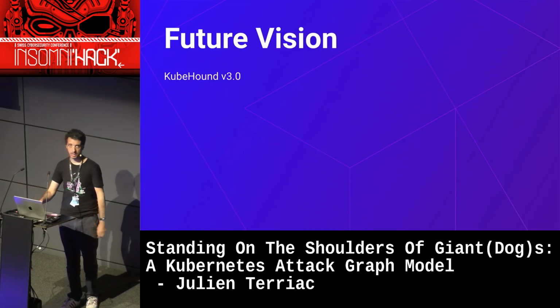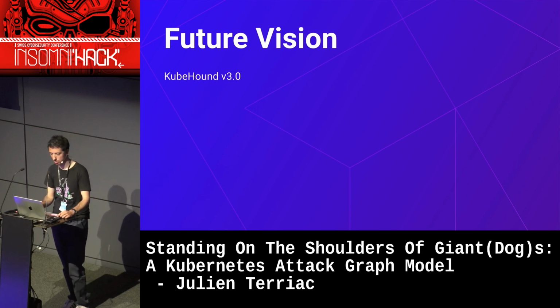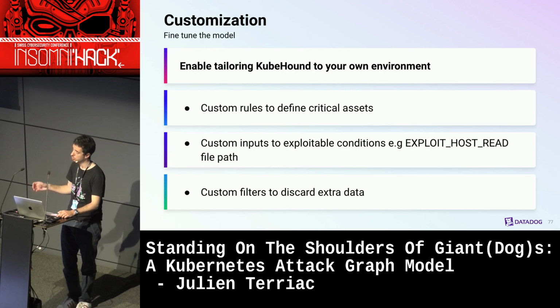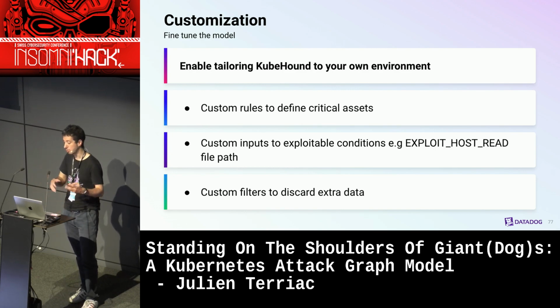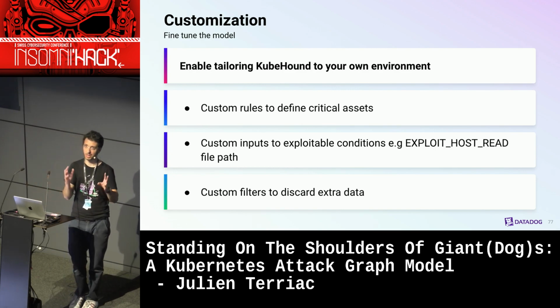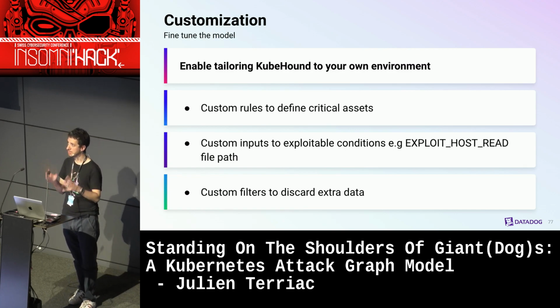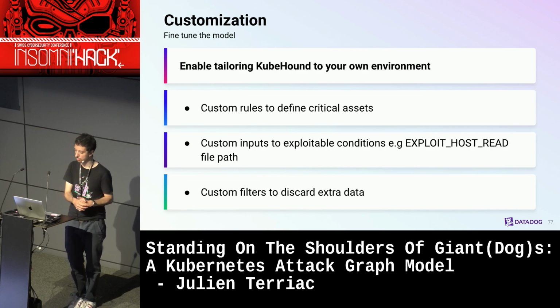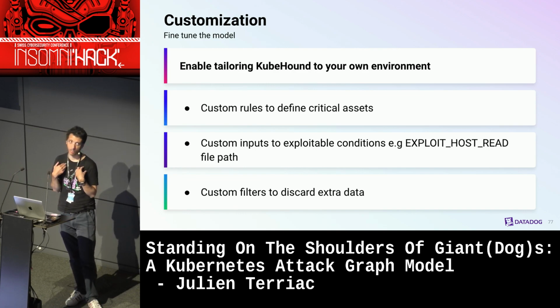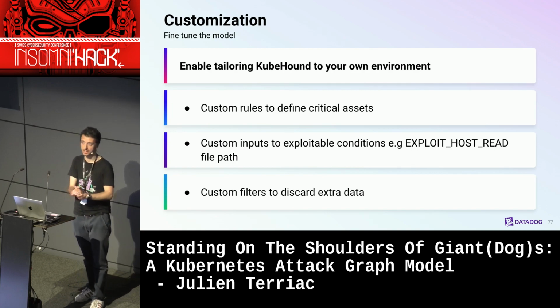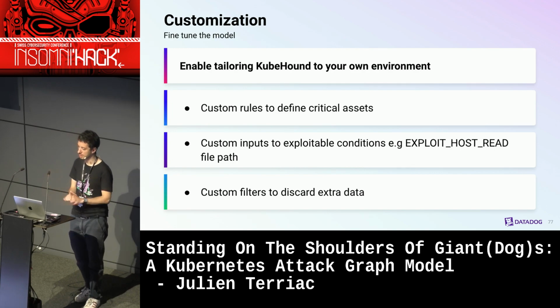I will take the last few minutes before taking questions around what vision we have for the tool in the future. The first one, we really want the tool to be customized to your needs and let you customize it and use it against your own environment. Because we define critical assets in our way, but you can have a different aspect of critical assets.